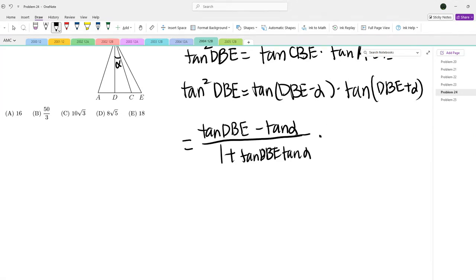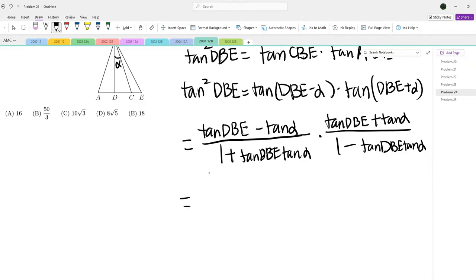And then the second one would be tan DBE plus tan alpha over 1 minus tan DBE tan alpha. And we can multiply these out, and it will result in a difference of squares.